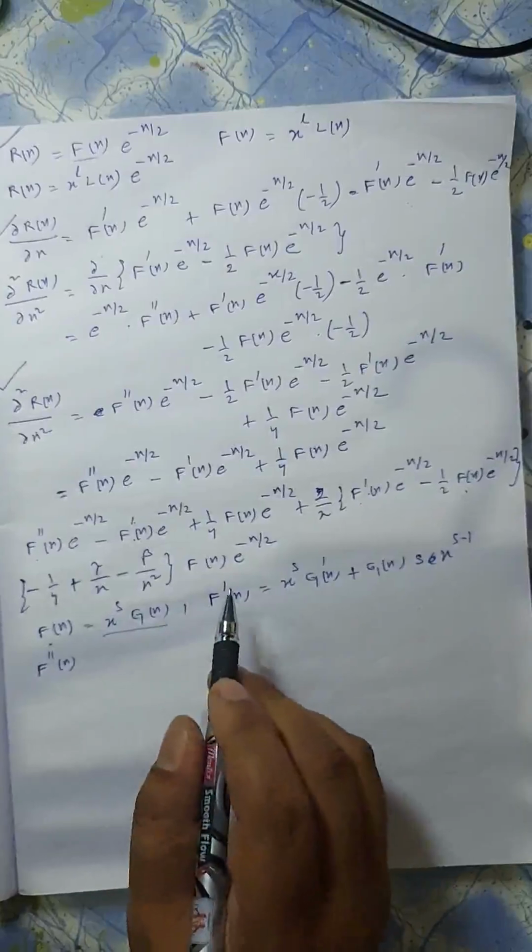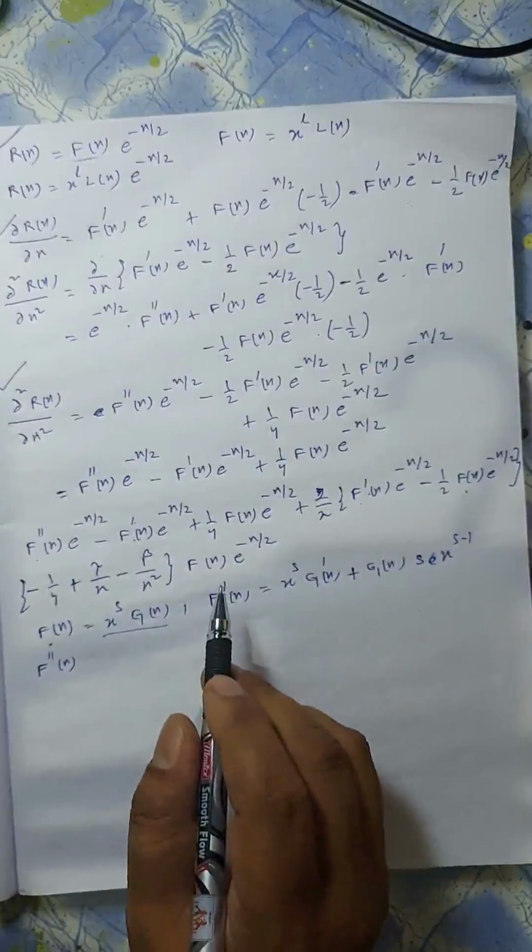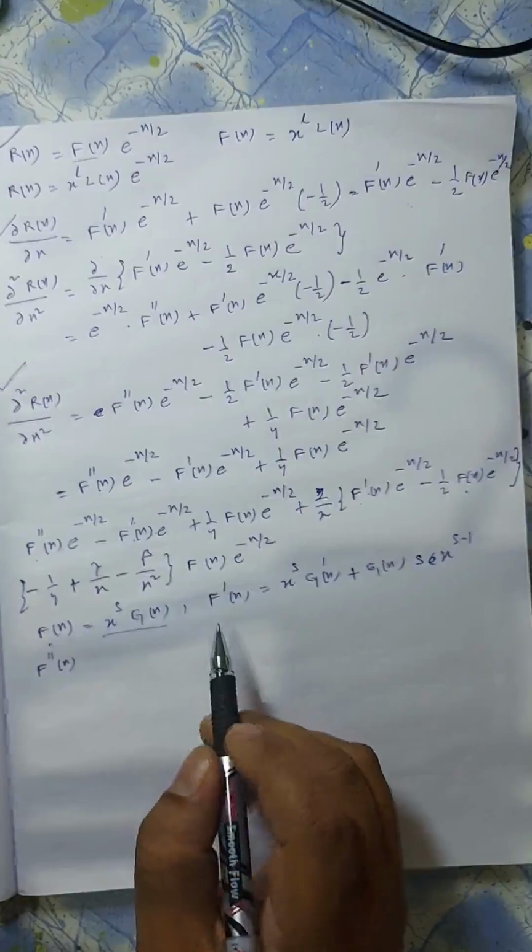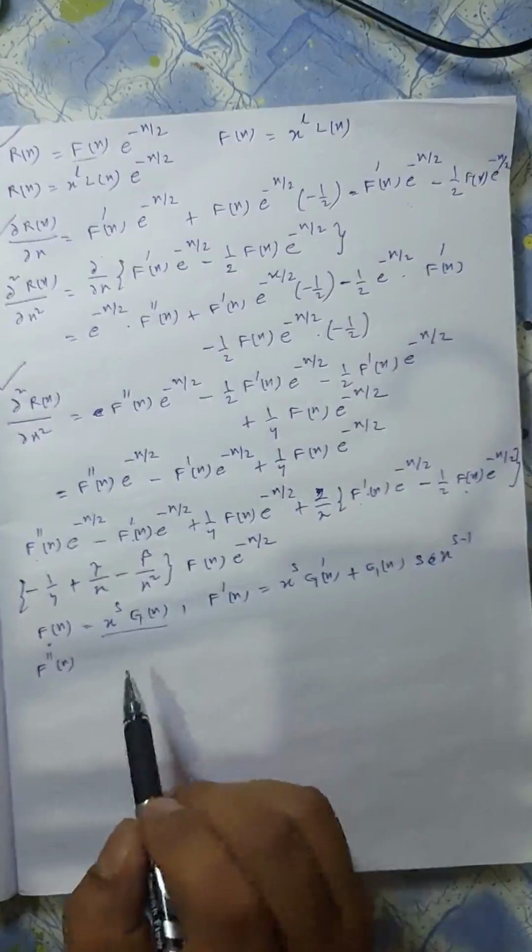After substitution, you get the value, whatever you find out, a polynomial equation, and we get the value of r.